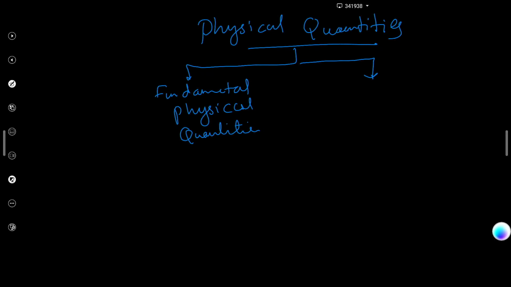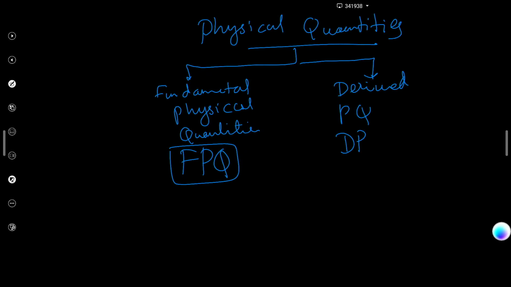So I usually call FPQ, fundamental physical quantities. Always my pattern of work, I usually tell people to have abbreviations to remember that easy. So the derived physical quantities, so DPQs.